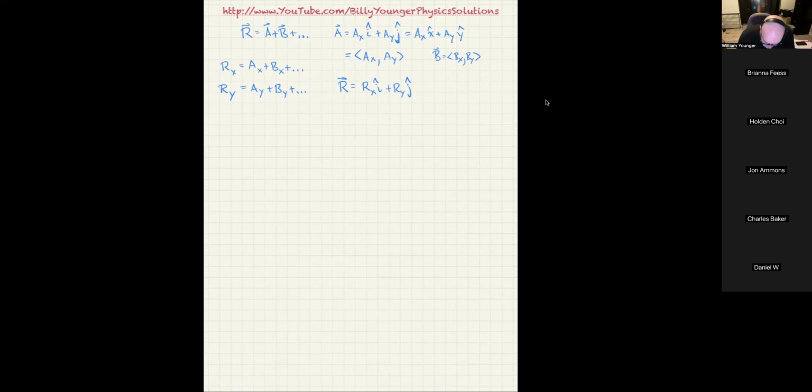So the special triangles are, for one case, I have the 3, 4, 5 triangle. So this is length 4. This is length 3, and this is length 5, and this angle up here is 53.13 degrees.